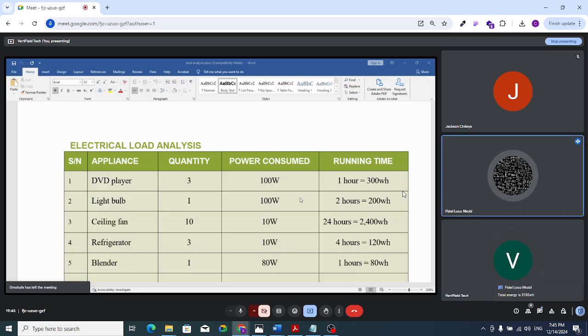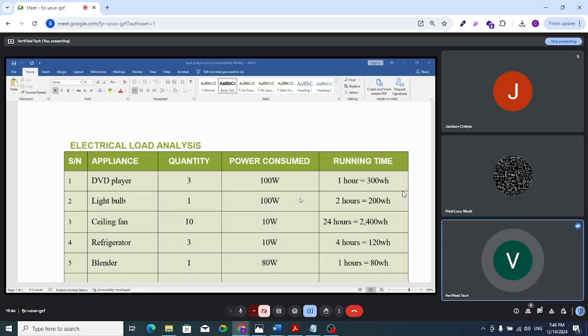For the ceiling fan, 10 multiplied by 10 by 24 gives you 2400 watt hour. For the refrigerator, 3 multiplied by 10 by 4 gives you 120 watt hour. For the blender, 1 multiplied by 80 by 1 gives you 80 watt hour.